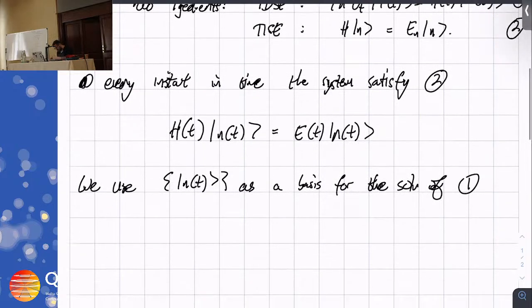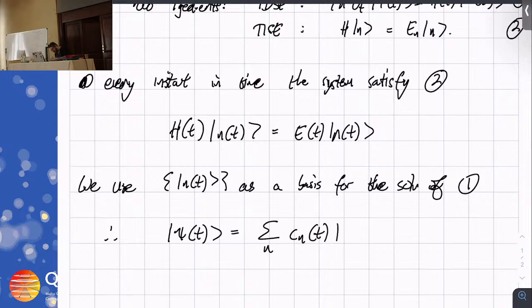I just write down some ansatz solution: the sum over n of some time-dependent coefficients C_n(t) times these instantaneous eigenstates |n(t)>. So far, nothing beyond basic introductory quantum mechanics.